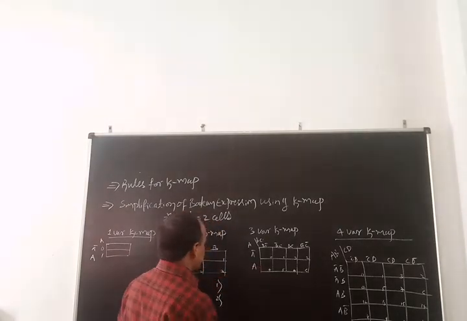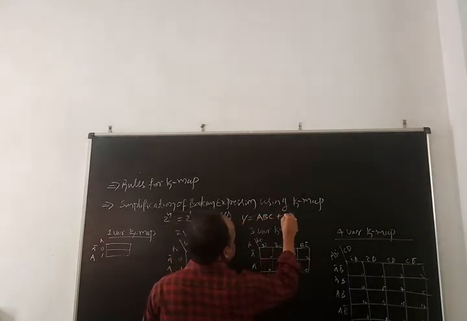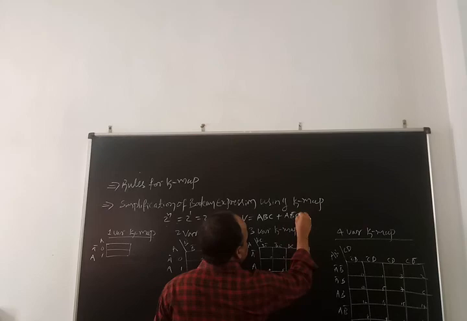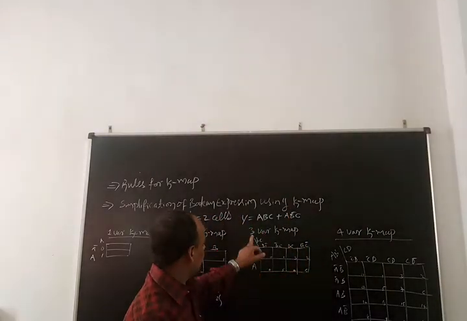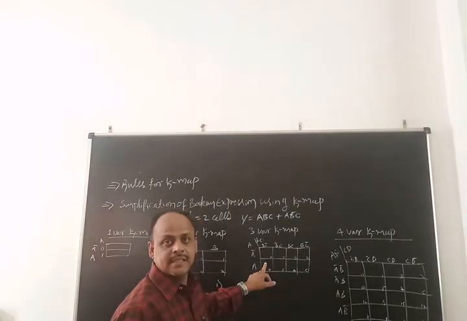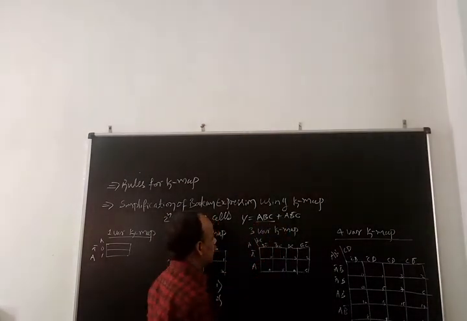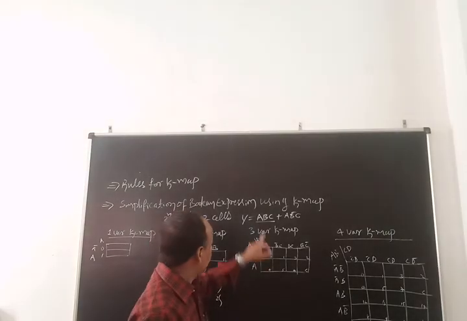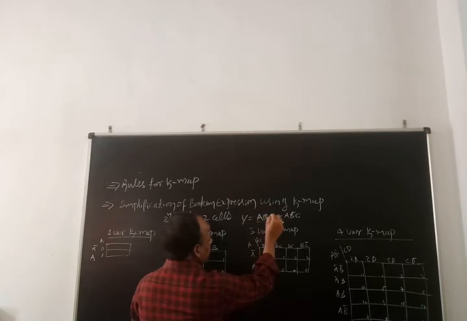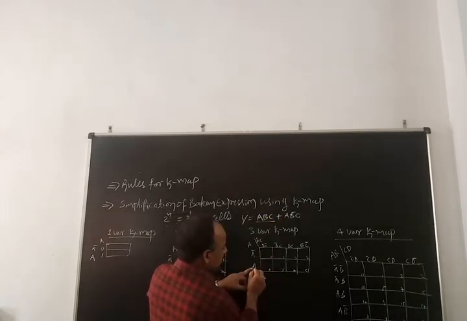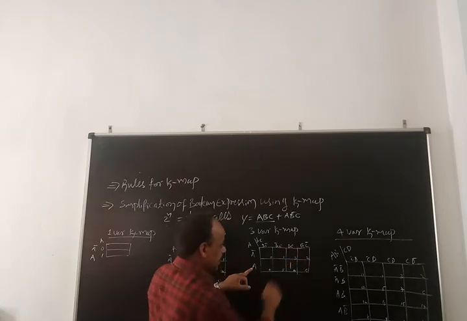For example, Y is equal to ABC plus A B bar C. 3 variables are there, so we draw this 8 cell table. First observe the first term, ABC. Where does this ABC come? The A row starts here, so ABC is here. We have to place 1 here.